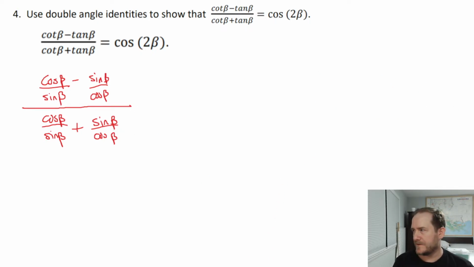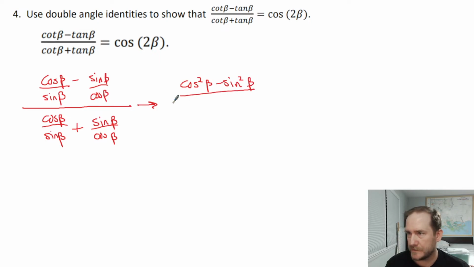Just in the interest of not running out of space real fast, I'm going to work to the side. I never work to the side. I love working down, but we're going to do some side movement, I think. Alright, so we already saw that this can become cosine squared beta minus sine squared beta all over sine beta cosine beta.